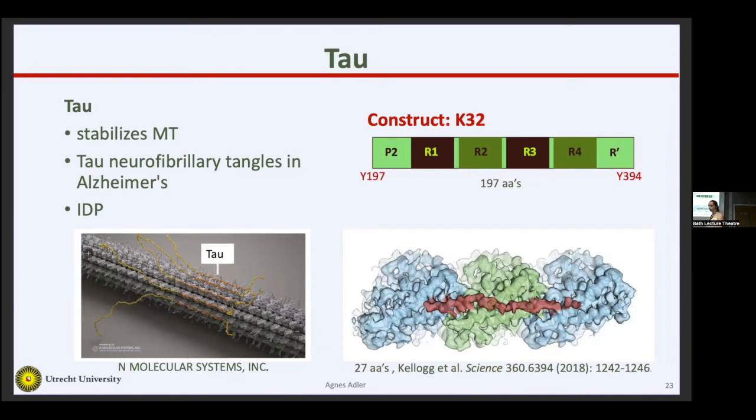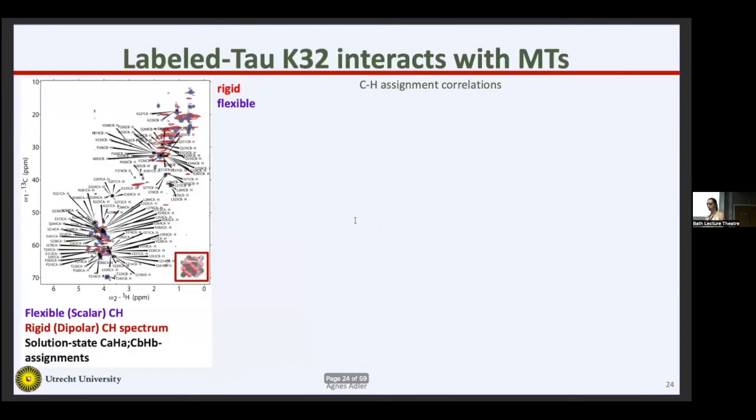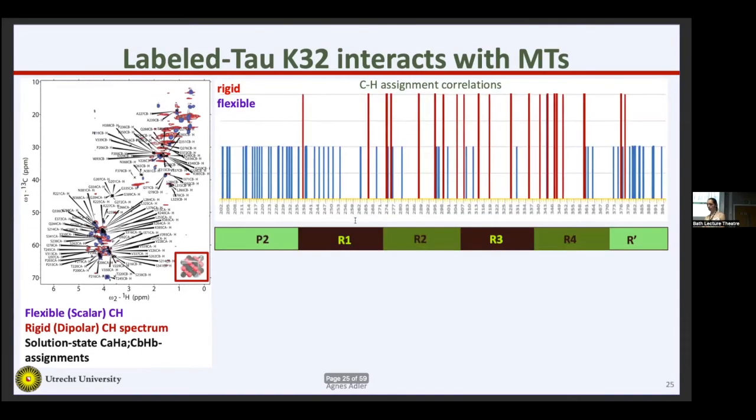So far, one of the best structures is this cryo-EM structure from 2018 that is just one of the repeat regions. As for MAP7, we also labeled tau and did some solid state with it by incubating it with the microtubules. We recorded scalar and dipolar spectra and checked how this correlates with our solution state assignment.